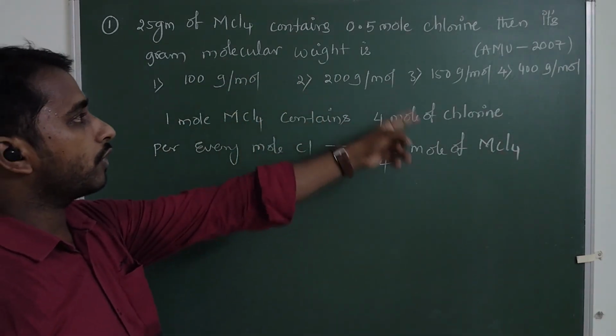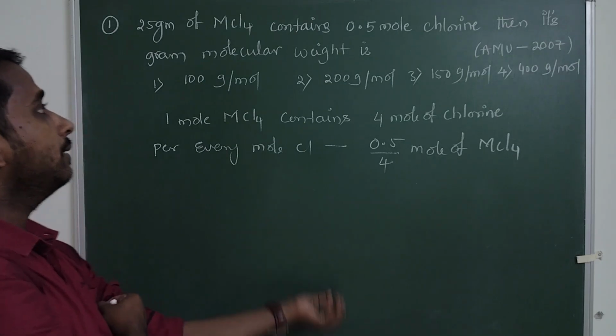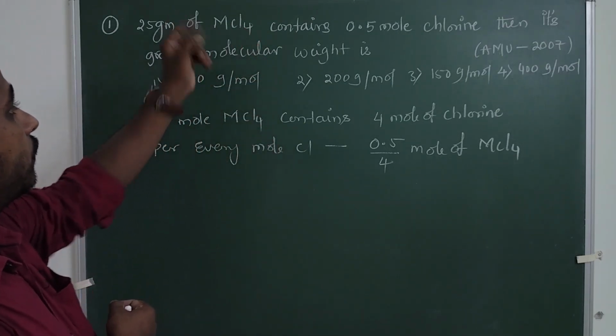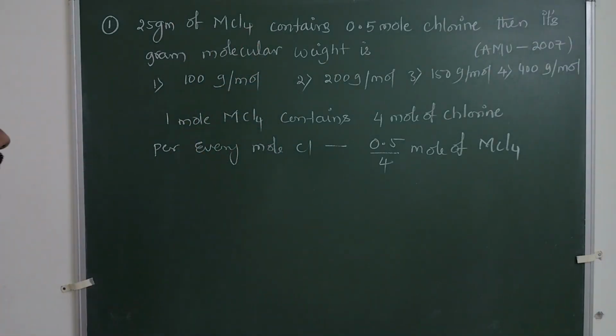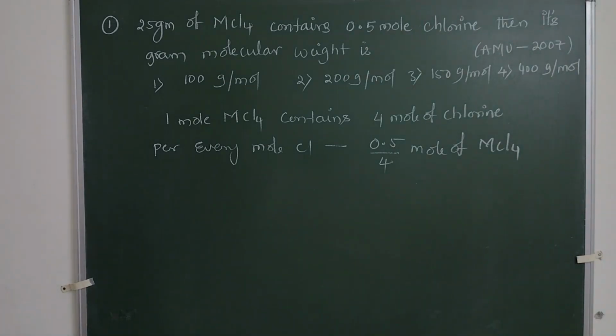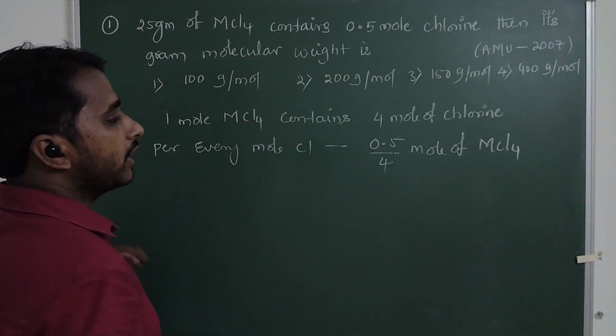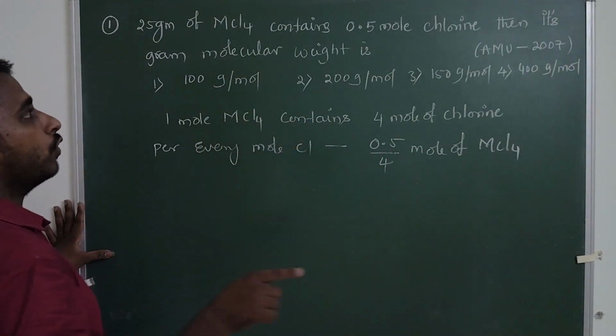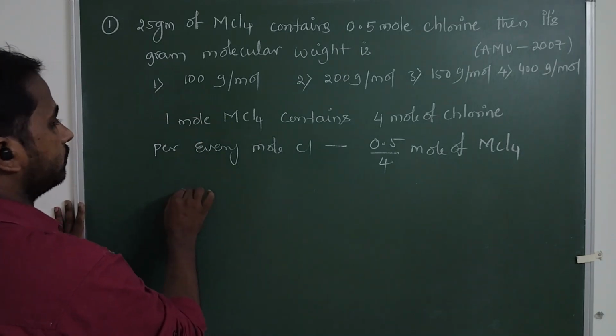Because 0.5 by 4 mole is how much weight? It is 25 grams. So 0.5 by 4 mole of MCl4 is having 25 grams.